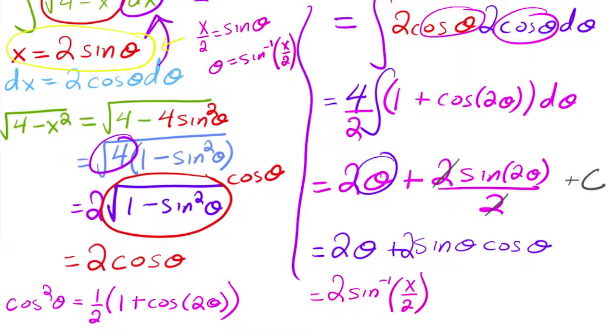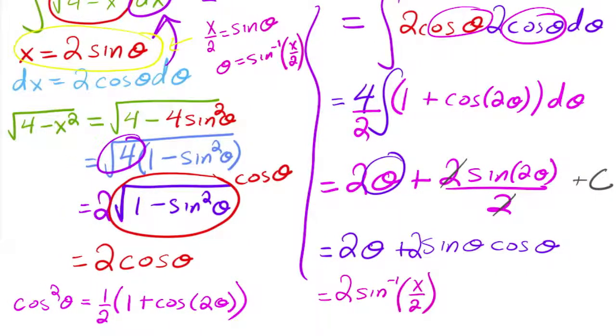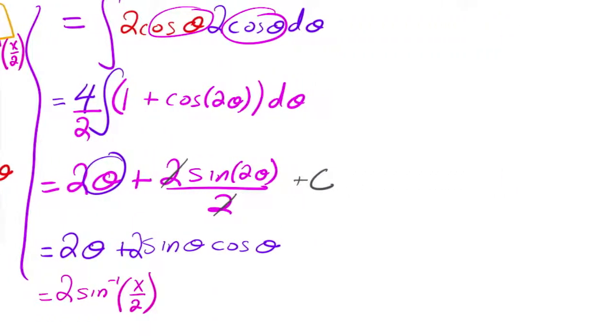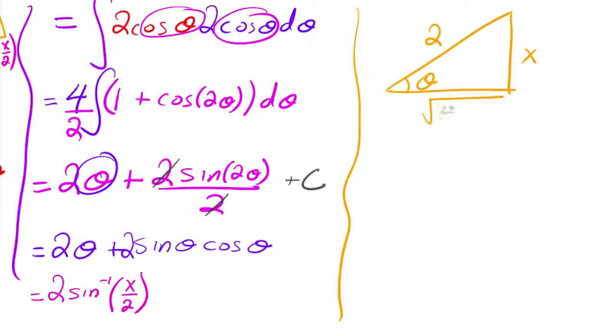Now to find sine of theta and cosine theta, we're going to make a right triangle with this information. Since sine of theta is equal to x over 2, I have my right triangle, and let's say that theta is right here, so this side is x over 2.